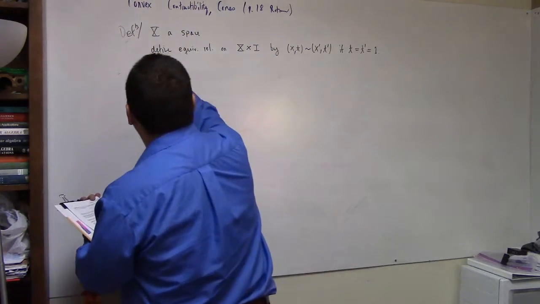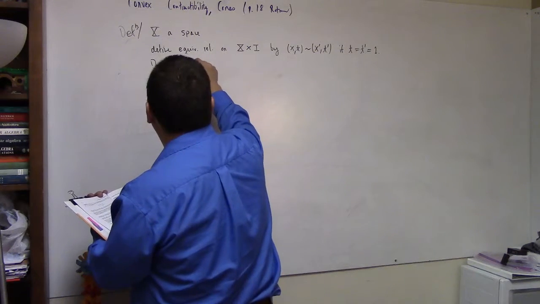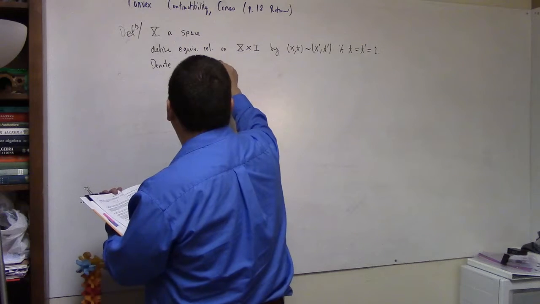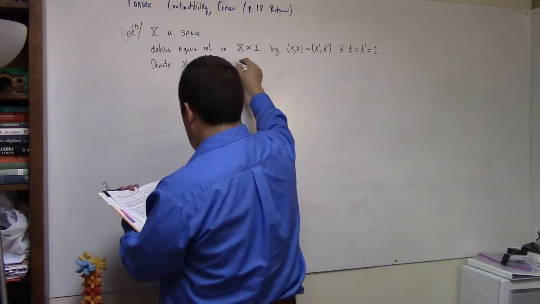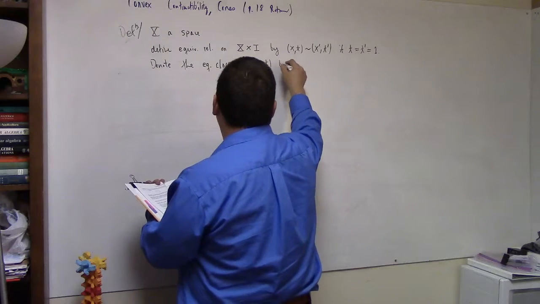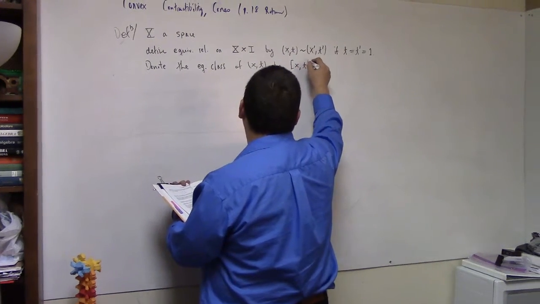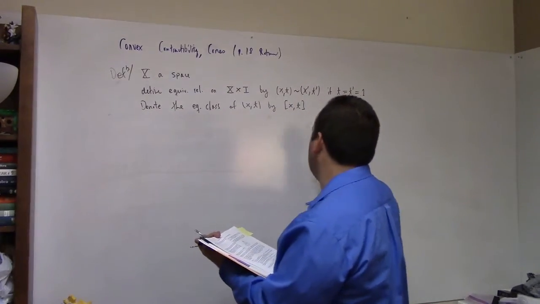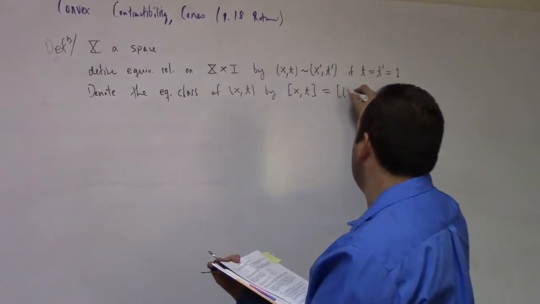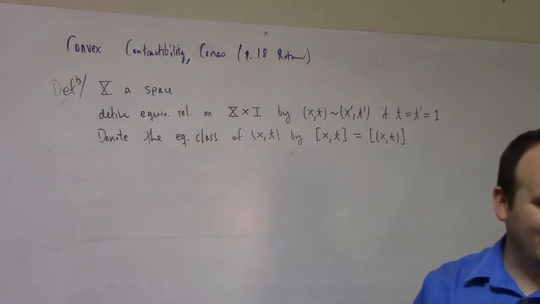We'll denote the equivalence class of (x, t) by this. In other words, this is equal to, but we take no joy in writing double brackets.